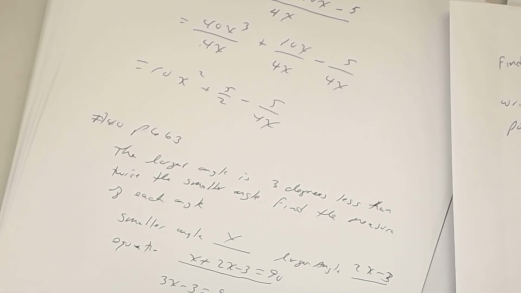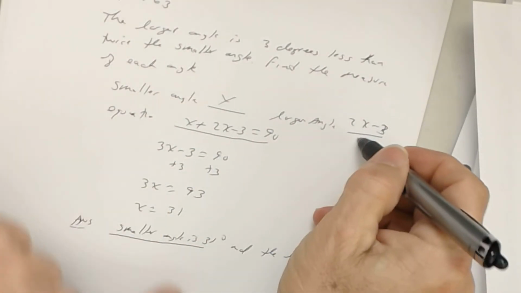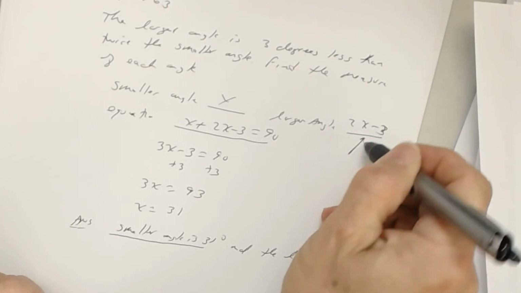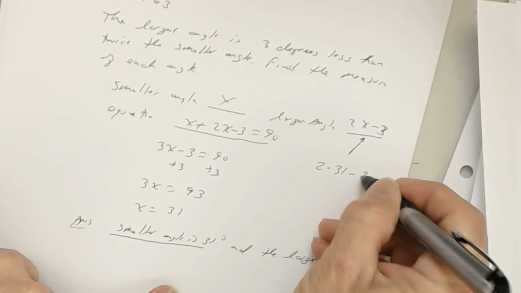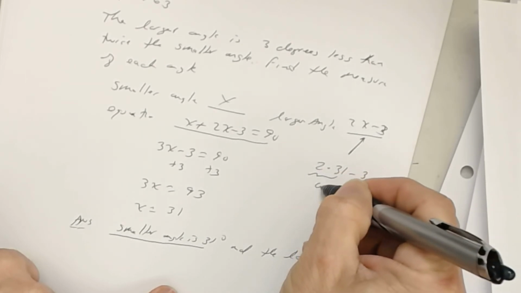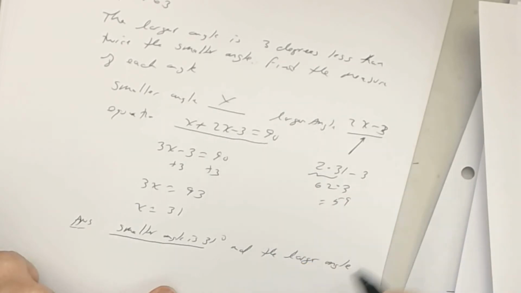And the larger angle, you're going to plug and chug. So that's 2 times 31 minus 3. 62 minus 3, which is 59. So the larger angle is 59 degrees.